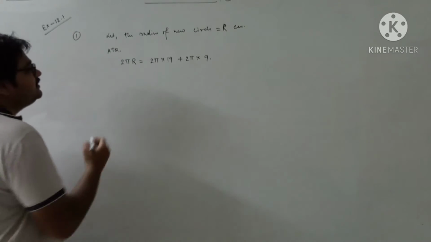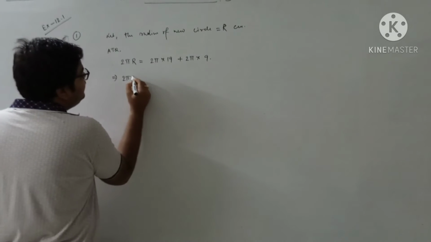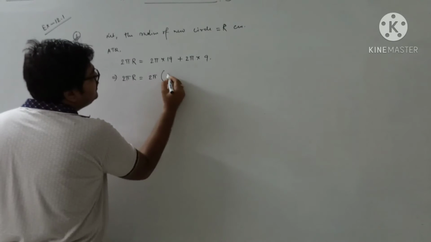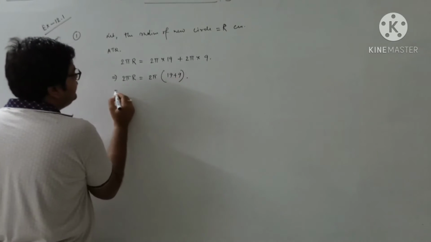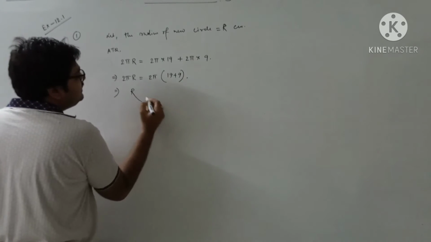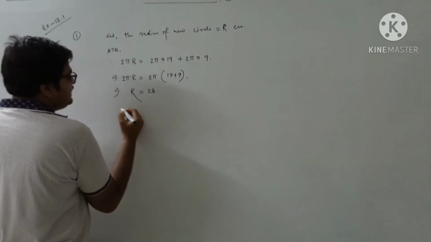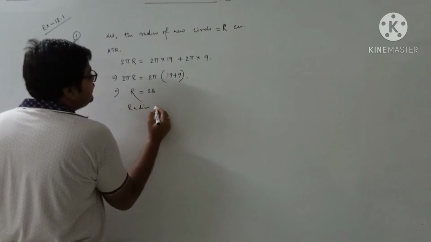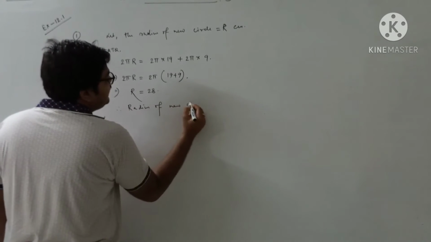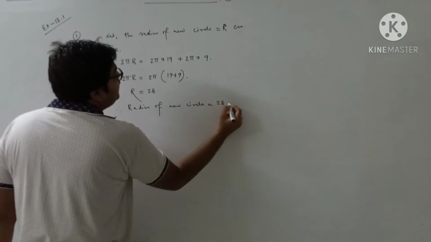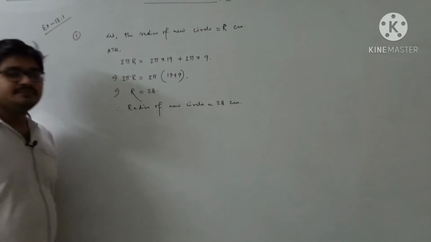I can take 2 pi common, so it will be 19 plus 9. So 2 pi can be cancelled from both sides, so capital R equals 28. Therefore the radius of the new circle equals 28 centimeter.